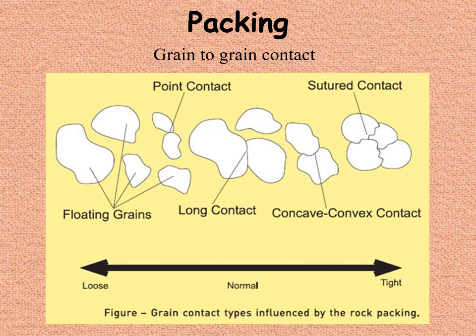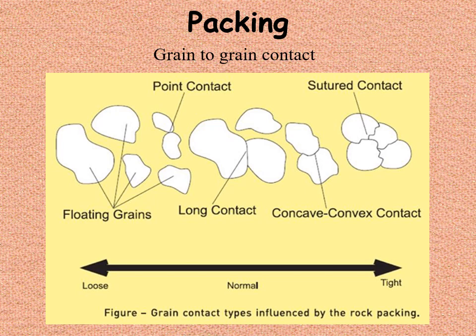These four grains you can see are not in contact with each other, so these are called floating grains. Now as the overburden pressure increases, these grains come close to each other and touch each other at a point. That is known as point contact, when the two grains touch at a point.